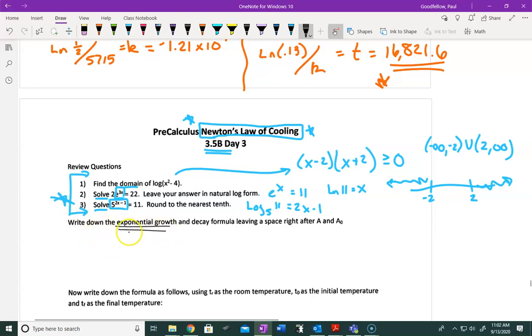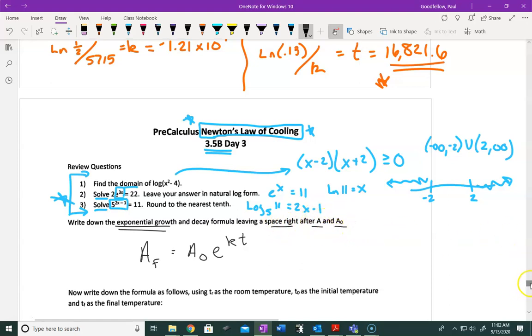Writing down the exponential growth and decay formulas that you've been seeing in the past. So A sub f, I'm going to put a sub f, is going to equal A sub o times e to the kt. And we've been working with this one for quite some time, but we should leave some space right after A sub o, the final and the initial.